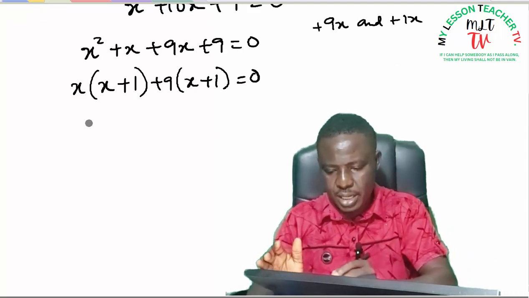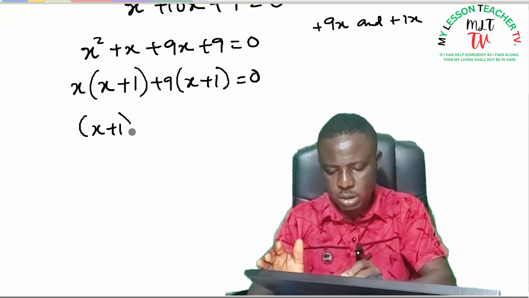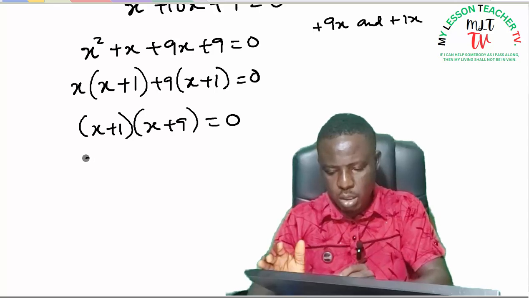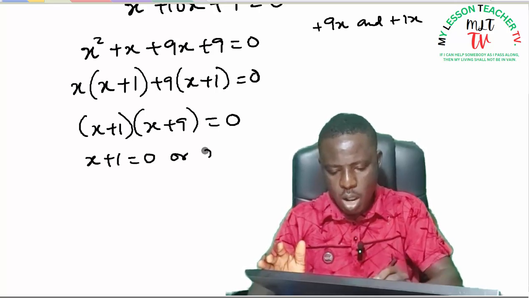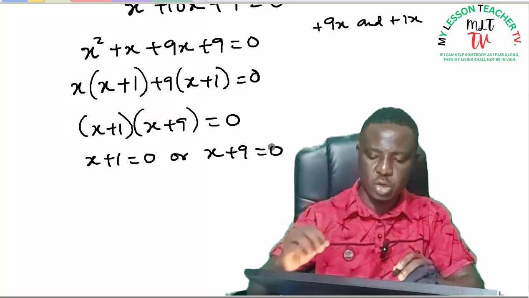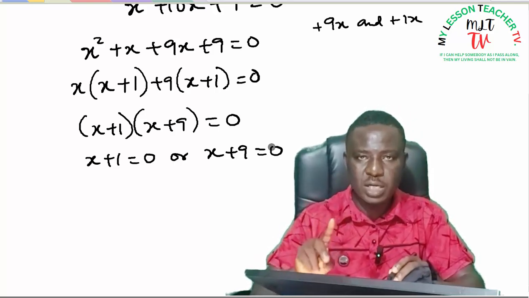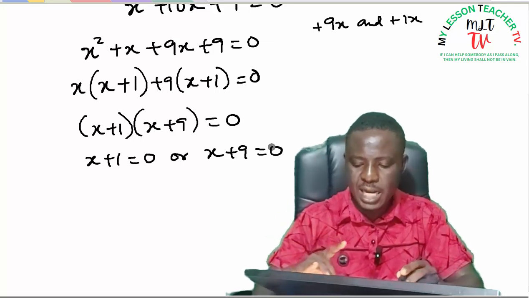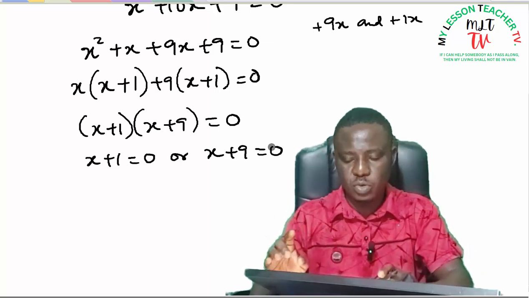So factorizing again, you have x plus 1 into brackets x plus 9 is equal to 0. And this is x plus 1 is equal to 0, or x plus 9 is equal to 0. For when two expressions are multiplied to get 0, it means that one is either 0 or both of them are zeros. So it is either this is equal to 0 or this is equal to 0.